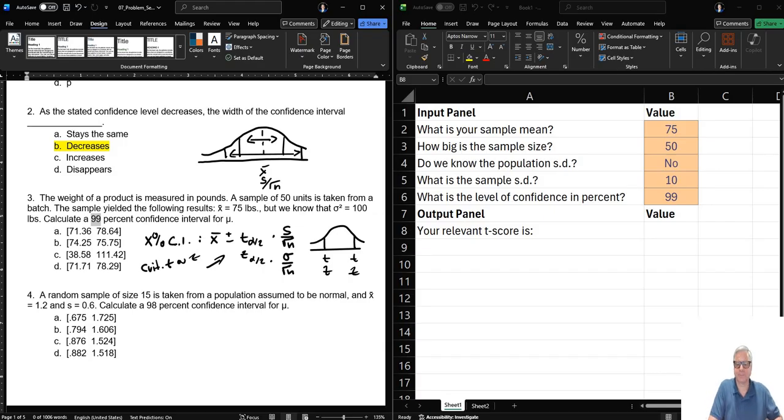So that means we have here to the left 0.5% in this area, or here also 0.5%.